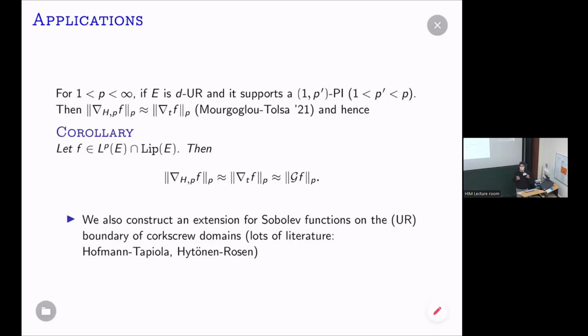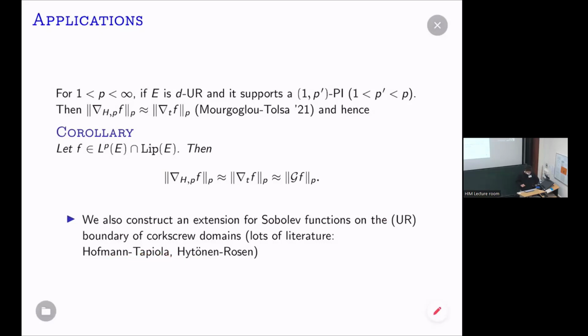In other words, you can phrase this as constructing a trace map from a certain space in the domain, of functions with the non-tangential maximal function of the gradient of the function in U and some conical square function, to the Sobolev space on the boundary. And there's a lot of literature on this. I mentioned some names. I'm not an expert on these extensions, so I might have forgotten some relevant things.